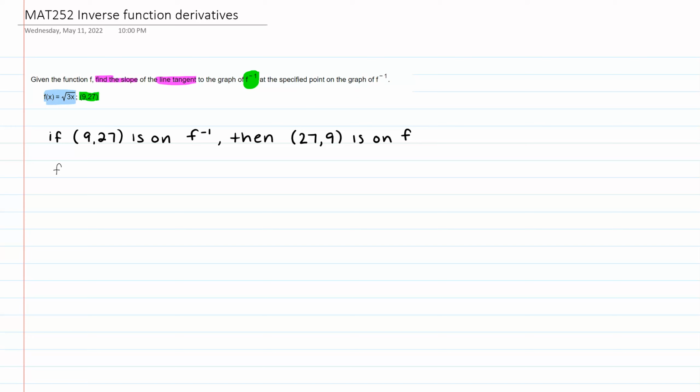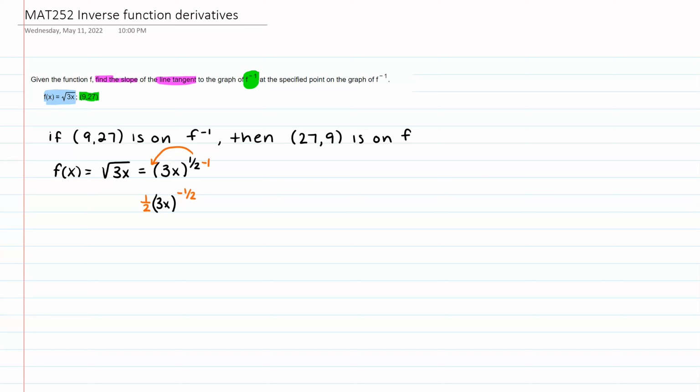So if my f of x is radical 3x, which remember a square root is really a power of 1/2, then if I want to take the derivative of that, I'm going to bring the 1/2 down out front, and subtract one from the exponent. I'll have 1/2 times 3x raised to the power negative 1/2.